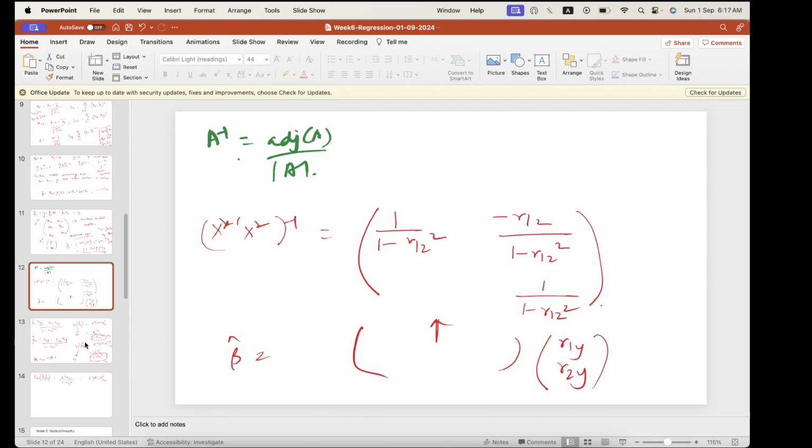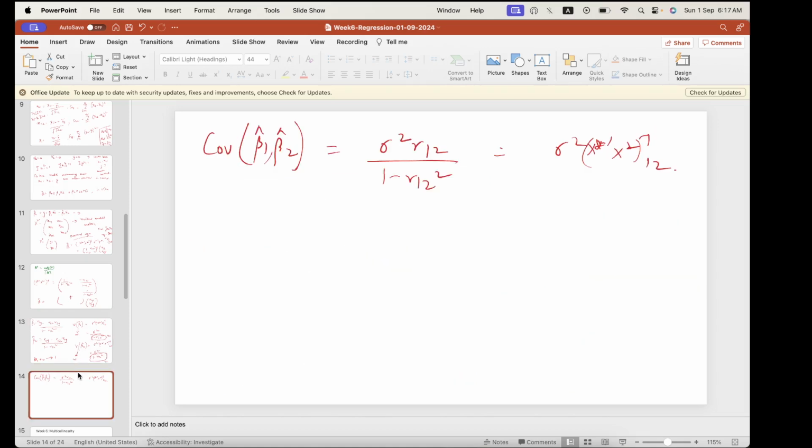Here again, as r12 goes towards 1, the numerator goes towards 1 while the denominator goes towards 0 at a faster rate. As a result, this entire thing will also shoot up to infinity as r12 goes to 1.